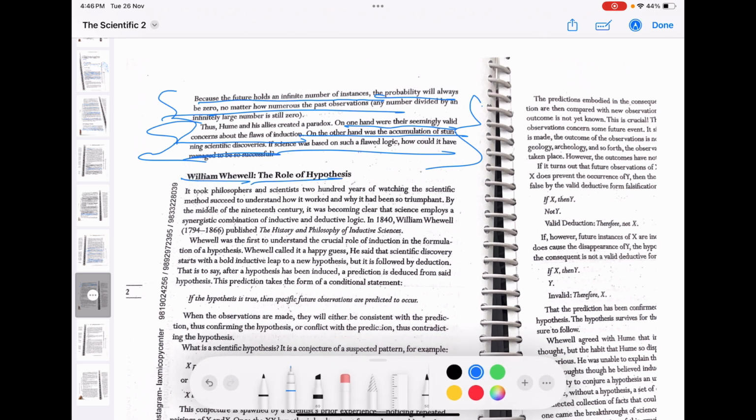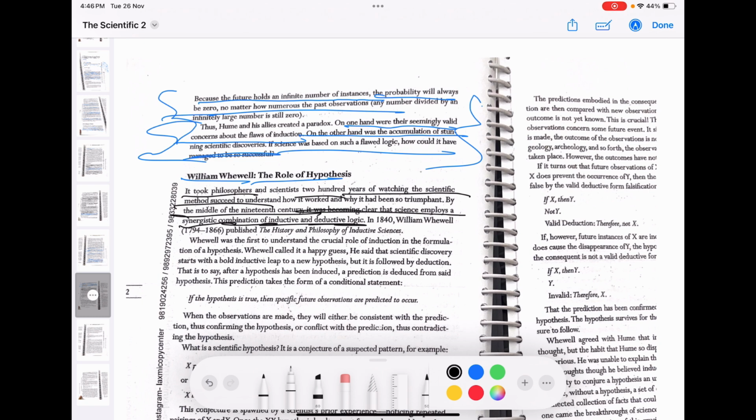William Whewell, the role of hypothesis. It took philosophers and scientists 200 years of watching the scientific method succeed to understand how it worked and why it was so triumphant. By the middle of the 19th century, it was becoming clear that science employs a synergistic combination of inductive and deductive logic.